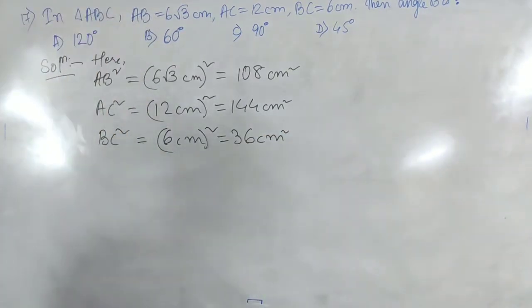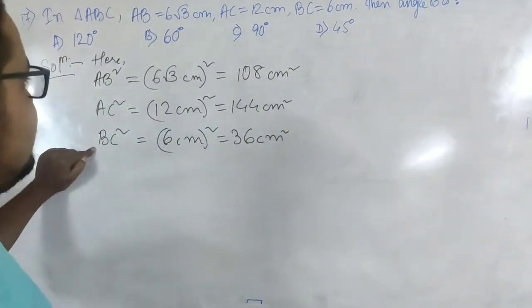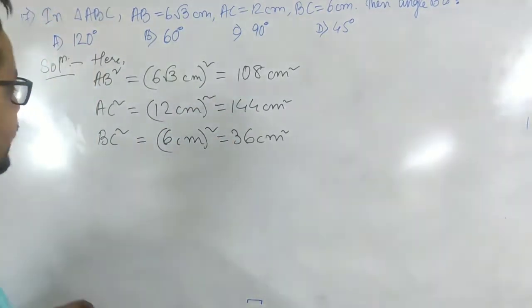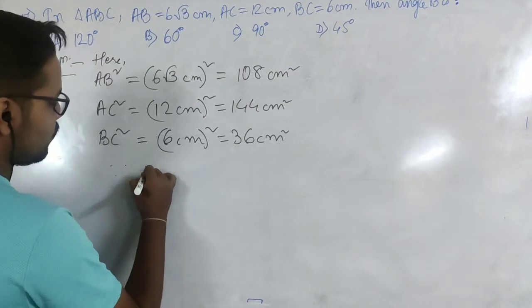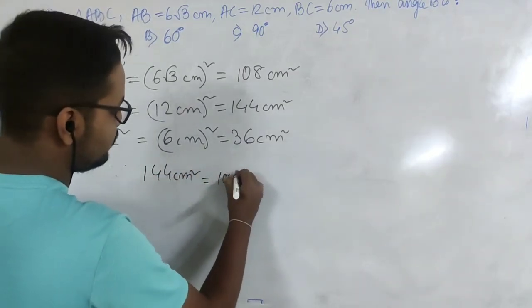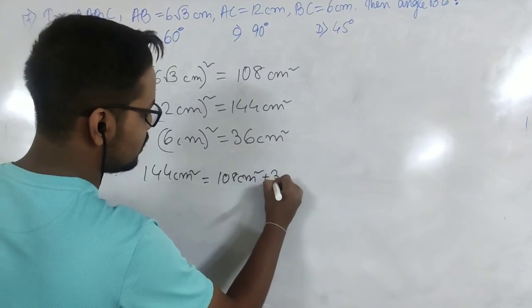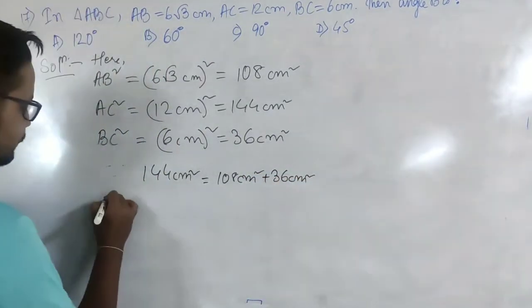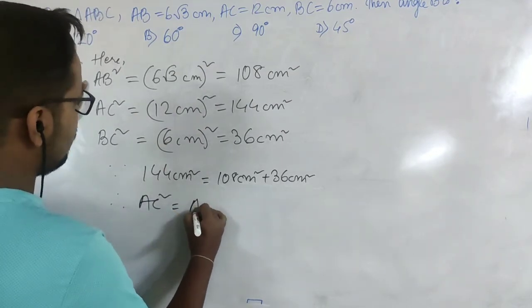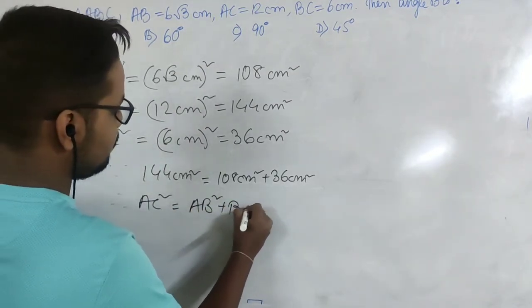As you can see, the sum of AB squared and BC squared, that is 108 plus 36, will give us 144. Since 144 centimeter squared is equal to 108 centimeter squared plus 36 centimeter squared, AC squared is equal to AB squared plus BC squared.